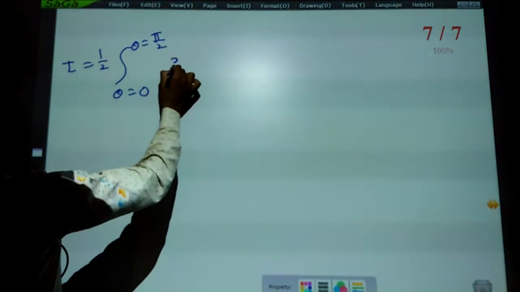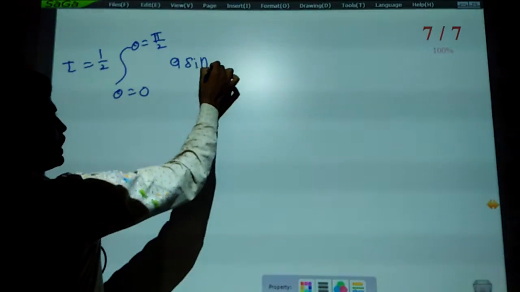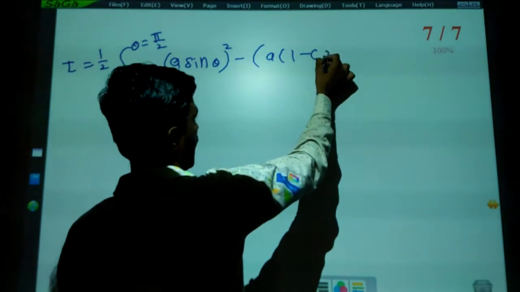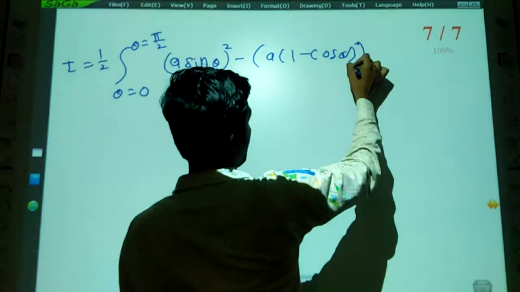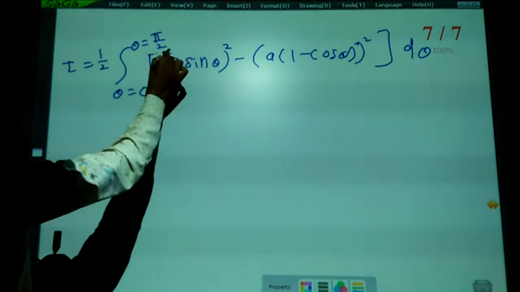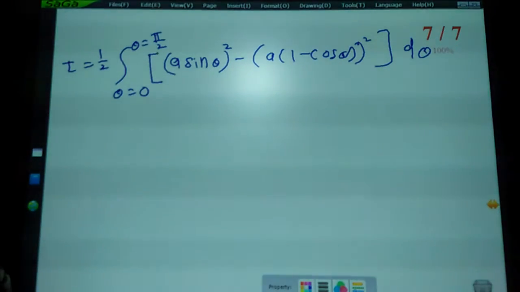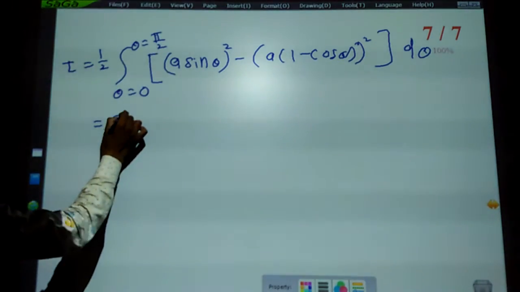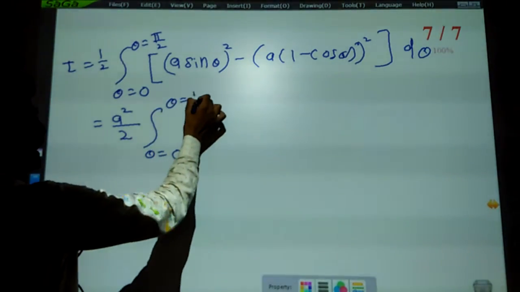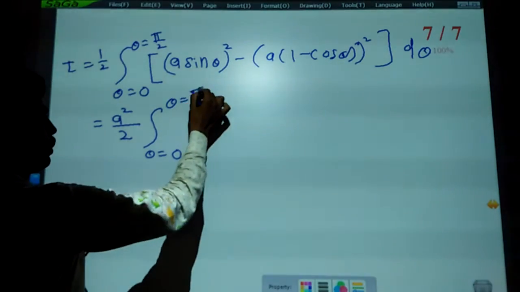I is equal to 1 by 2, theta from 0 to pi by 2, of a sin theta to the power 2 minus a into 1 minus cos theta bracket square, d theta. Here a square and a square is common, which we take outside the integration, as it is a constant. Hence a square by 2, theta from 0 to pi by 2.